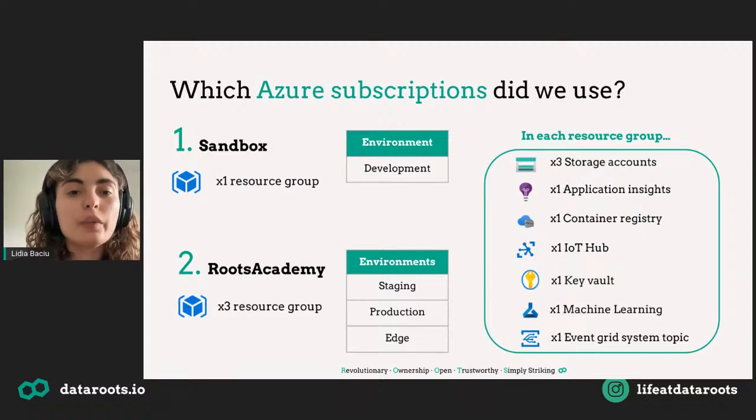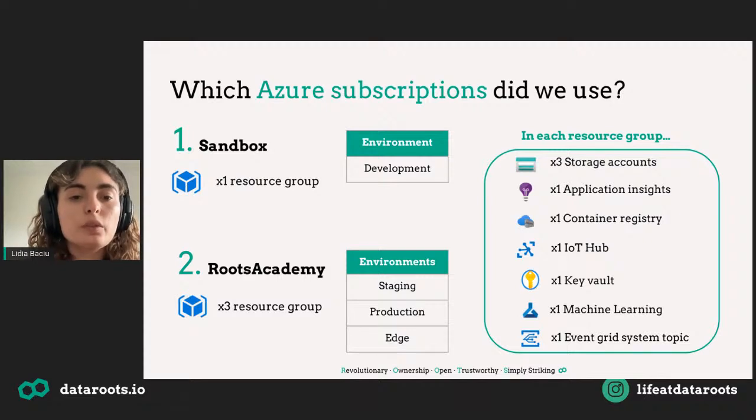This is happening in our sandbox subscription in one resource group. After everything was set up, we could make more environments. So we decided to create the staging and the production environment, which were created using Terraform, so the replication was quite easy to make.